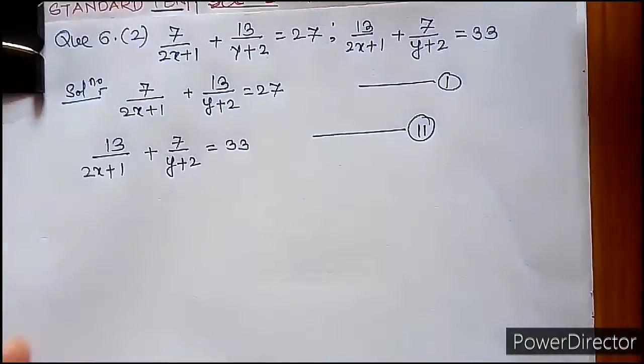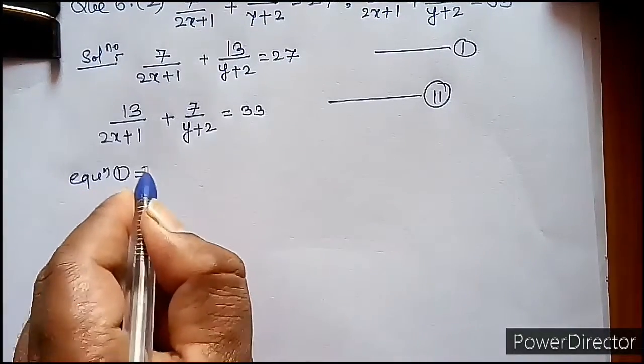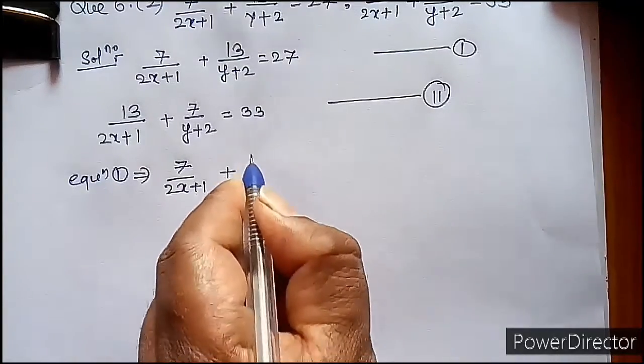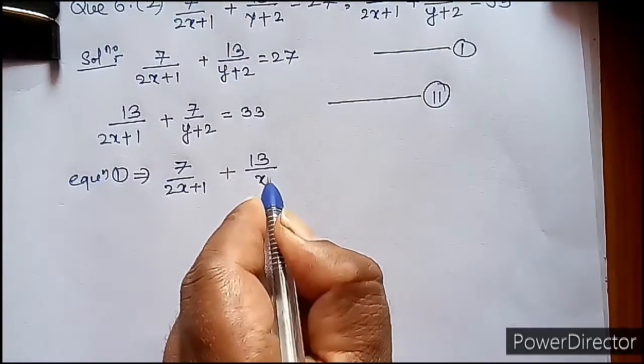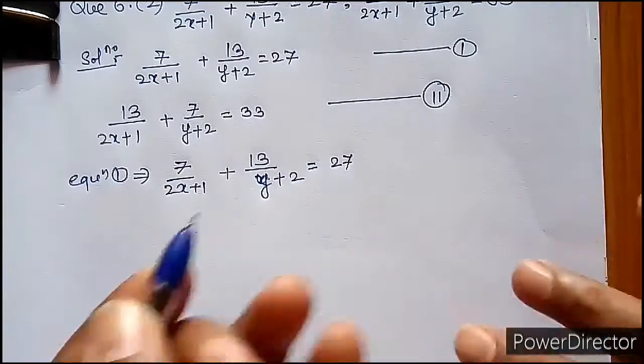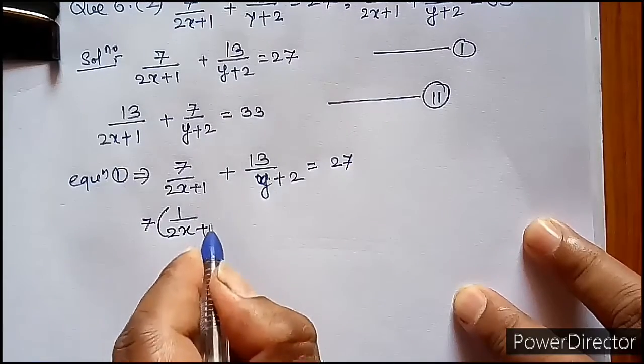Now the equation 1, that is 7 by 2x plus 1 plus 13 by y plus 2 equals to 27, can be written as 7 into 1 by 2x plus 1.